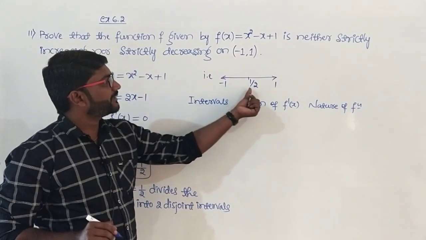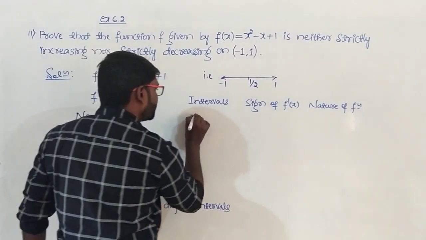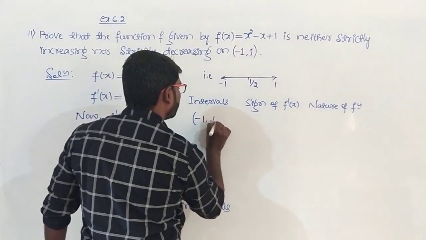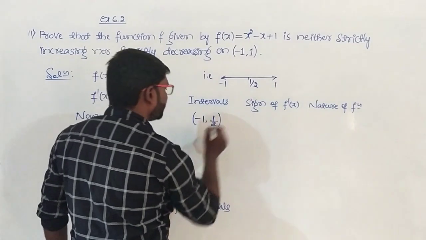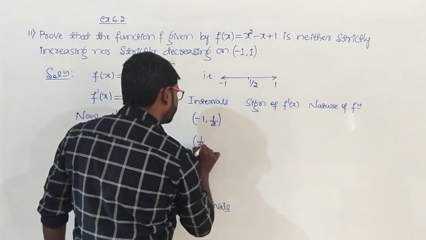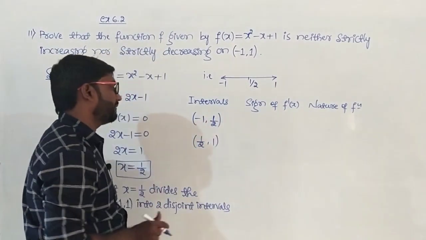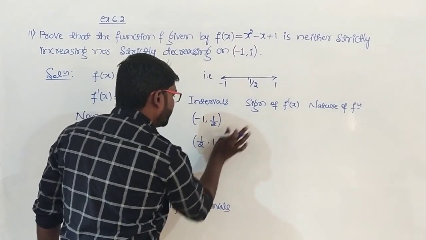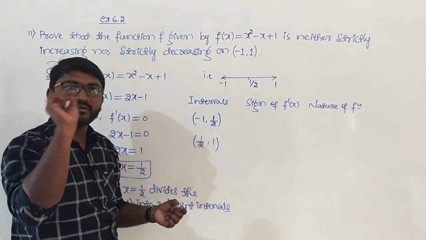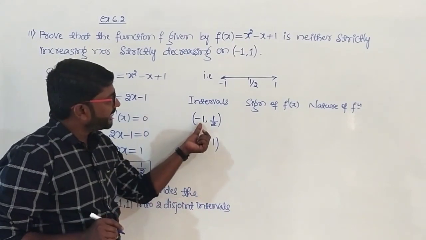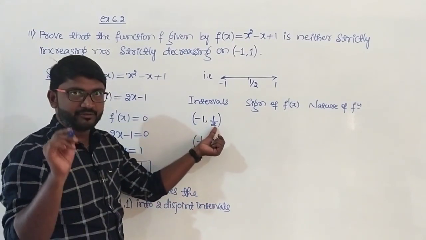Open interval minus 1 comma 1 by 2. Then what is the other interval? It is 1 by 2 comma 1. Open interval means you have to leave the end points and take in between values. So in between minus 1 and plus 1 by 2 we get 0.